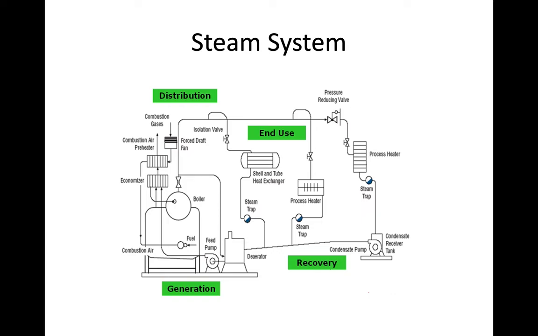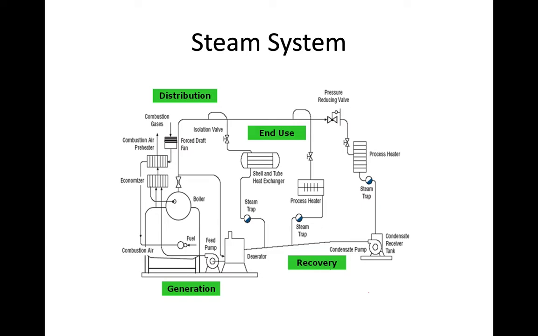Focusing only on equipment, which in this case is the boiler, is an ineffective way in terms of cost and optimization, because when we talk about optimization, we have to talk about steam from the generation up until the end use and the return to the boiler. We have to talk about the whole system.